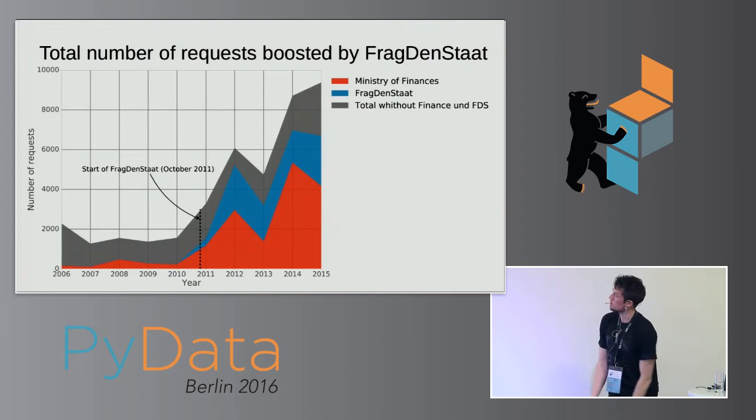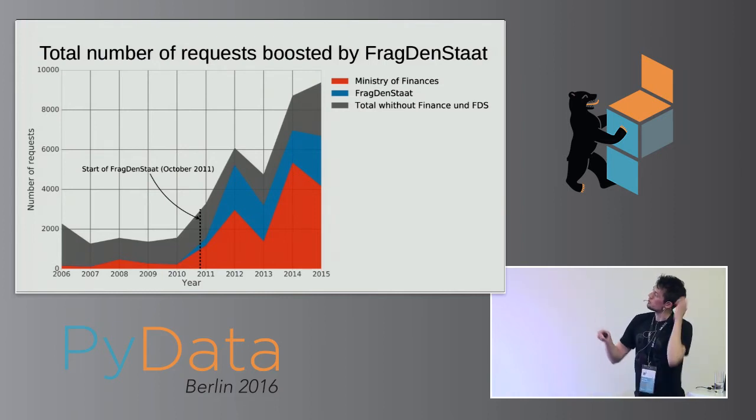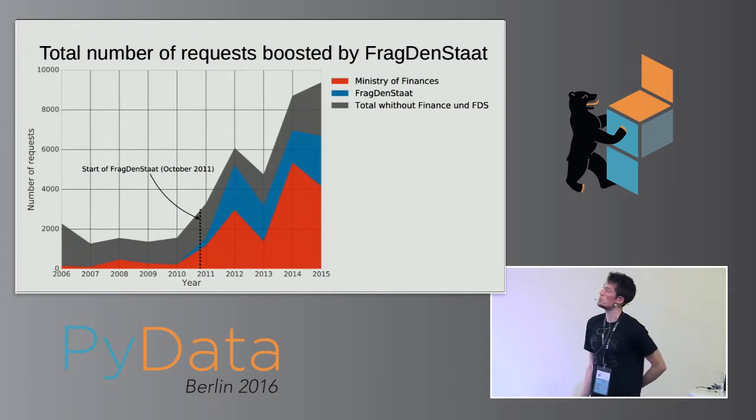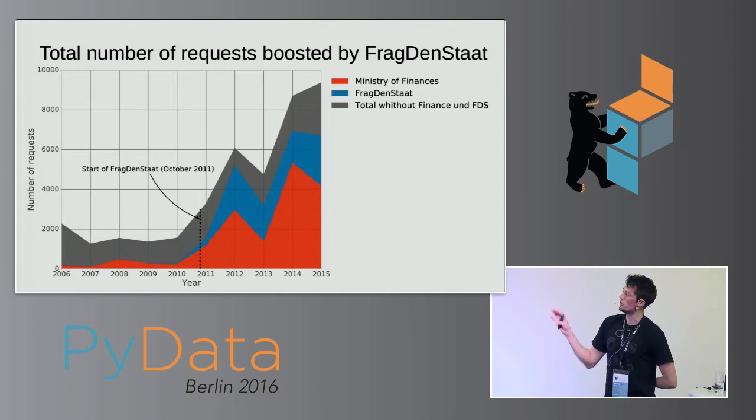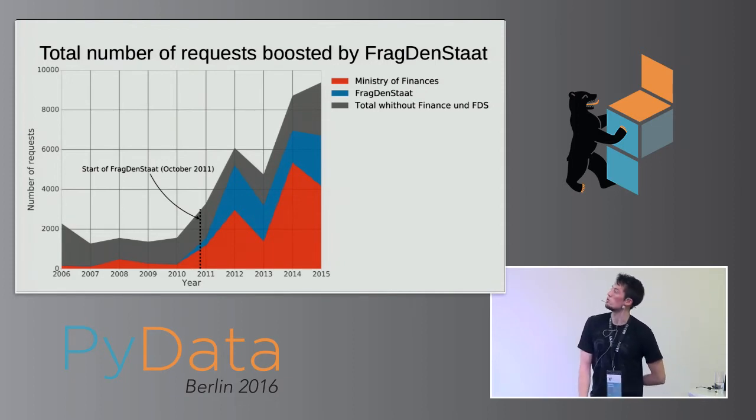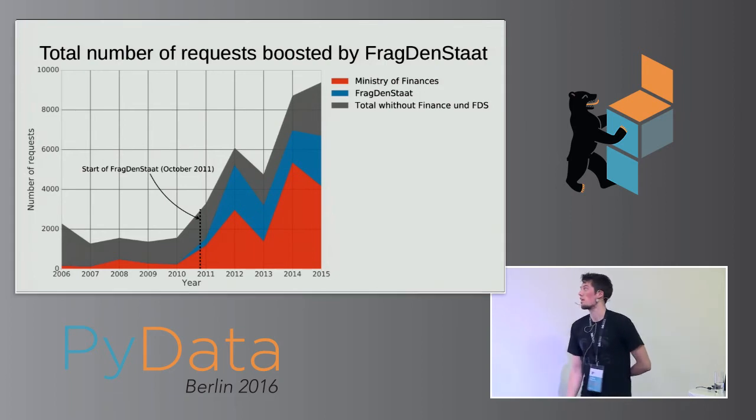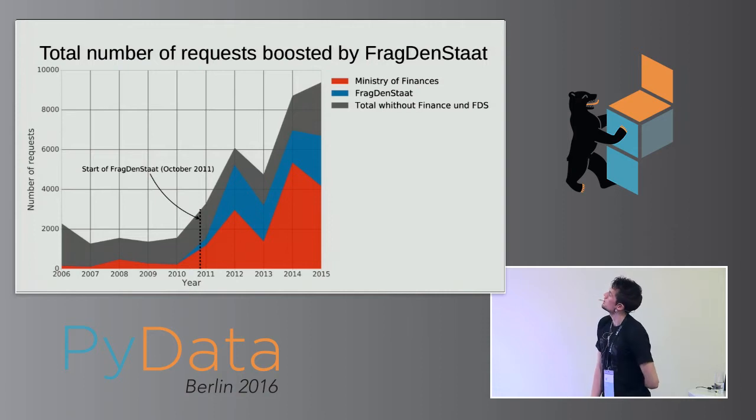Here I plotted the total number on the y-axis over the years. 2006 was the first year, and what you see is that for the first 5 years it was kind of stable at below 2,000 requests per year. And then in 2011, FragDenStaat started. And since then, I would say the number quite increased.